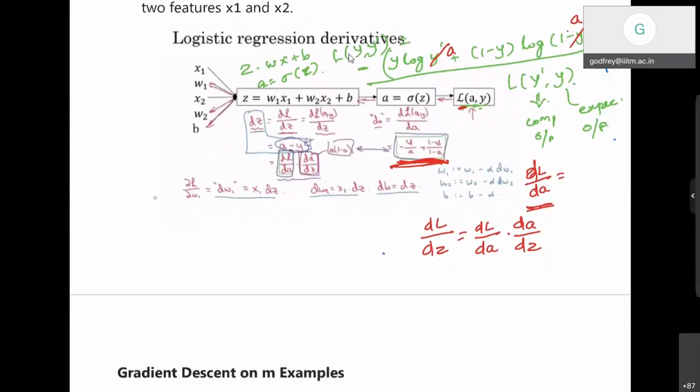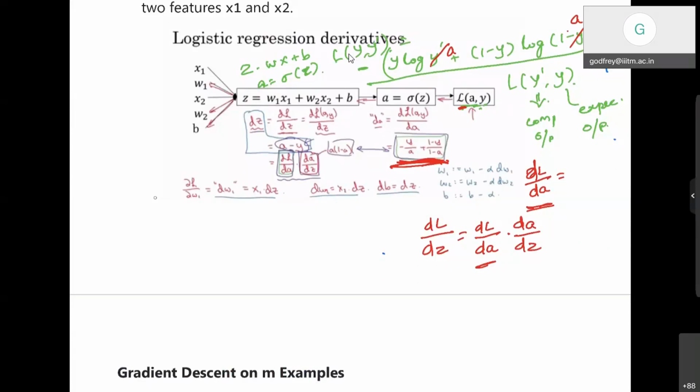Now when we compute this one, what we get is dA by dz. We have already computed this one, so this is minus y divided by a plus 1 minus y divided by 1 minus a. So dA by dz, that is given by, you can try to solve this.